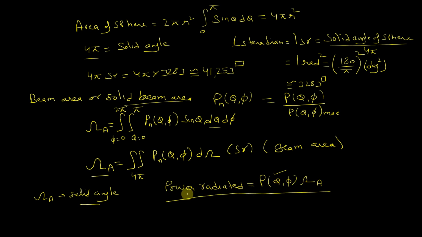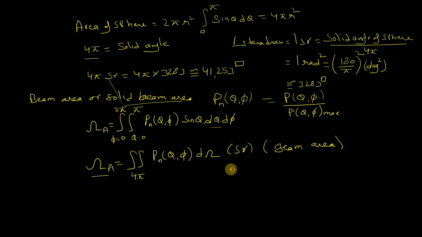Now this beam area of an antenna can often be described approximately in terms of phi HP, the half power beam width in the phi plane, and theta HP, the half power beam width in the theta plane.